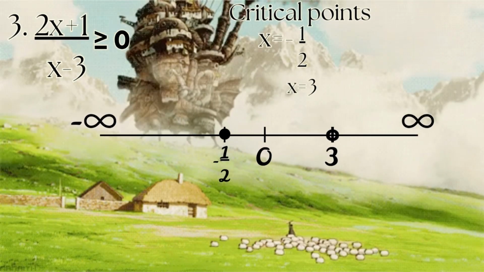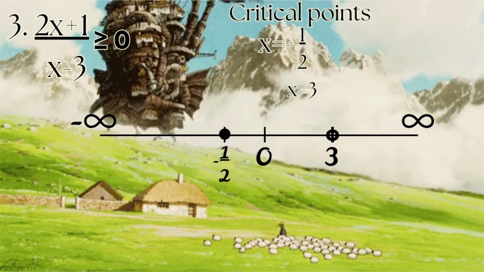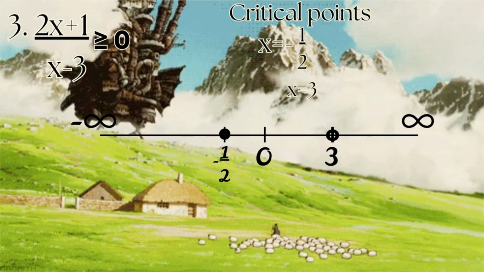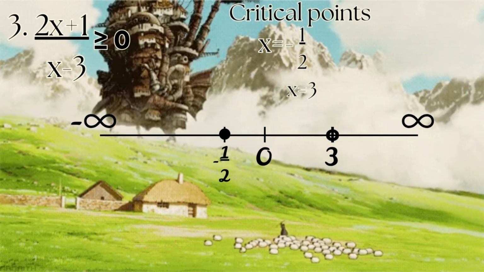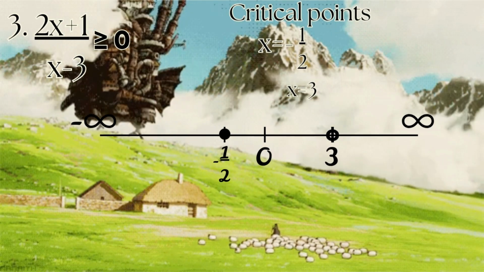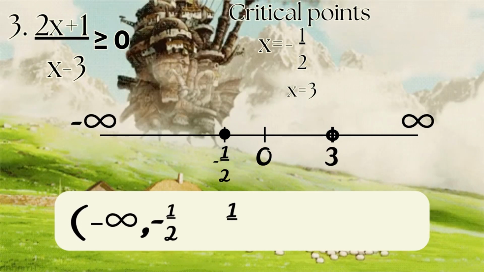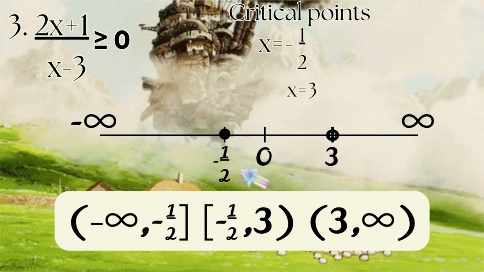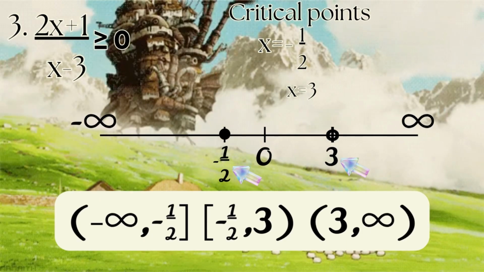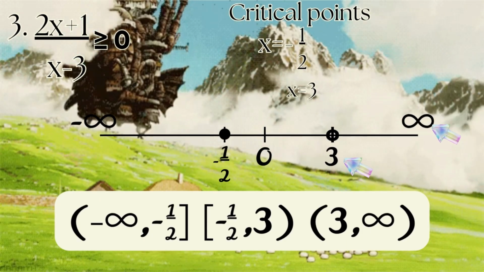For our numerator, x equals negative 1/2, it's going to be inclusive. And for the denominator, x equals positive 3, it's going to be exclusive. The interval notation is negative infinity and negative 1/2, negative 1/2 and 3, 3 and infinity.